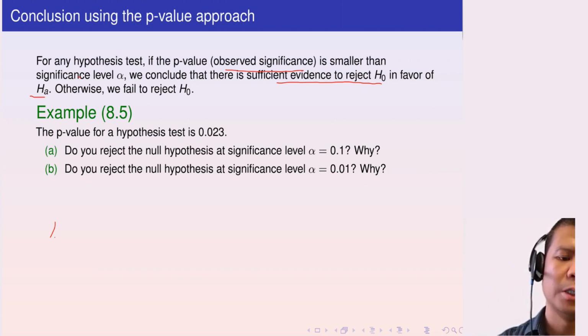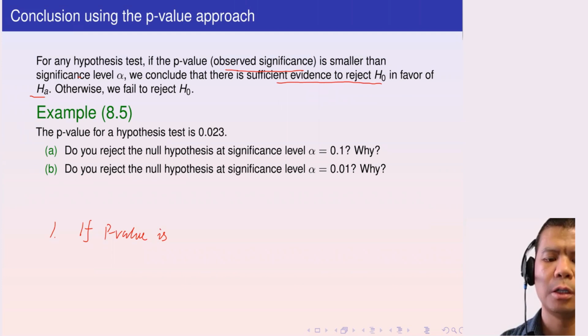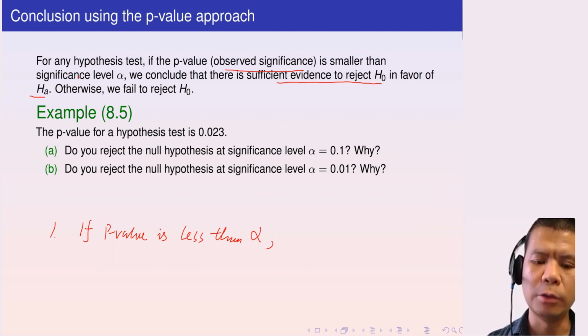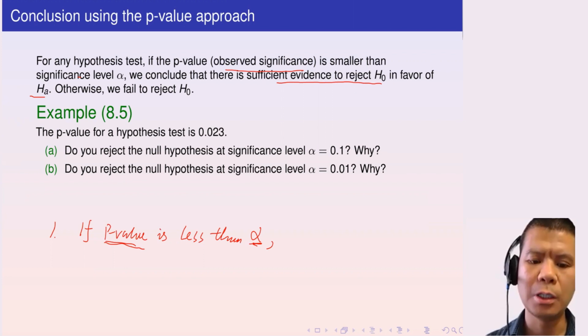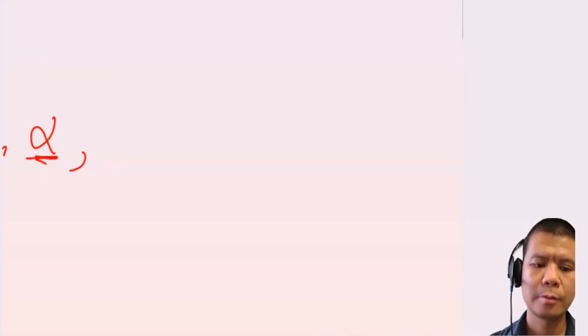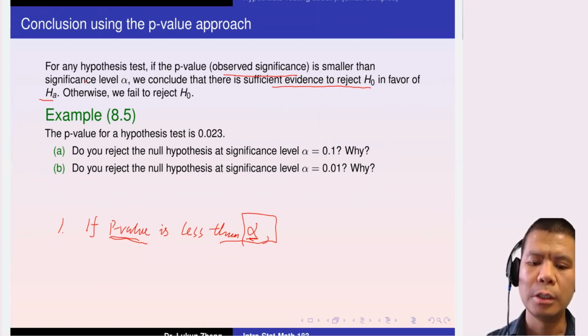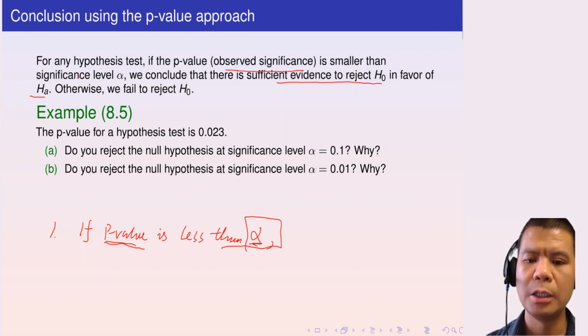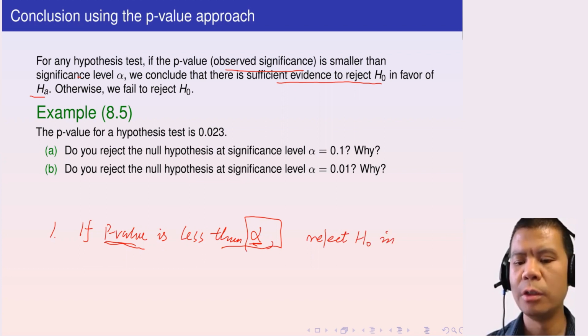One, if the p-value is less than alpha, the significance level, which is the level set ahead, where the p-value is the observed significance level, then we conclude that we reject H0 in favor of HA.